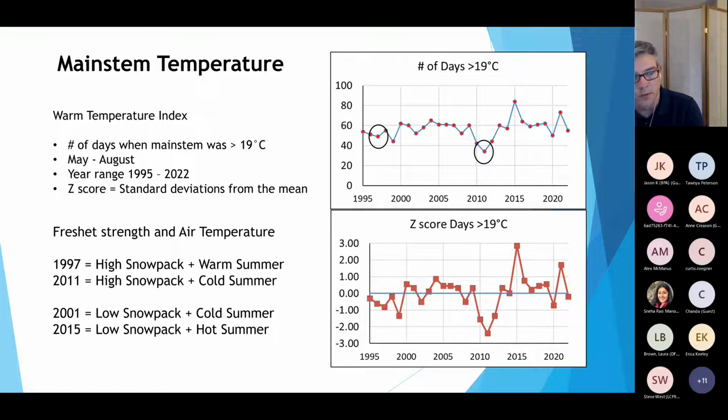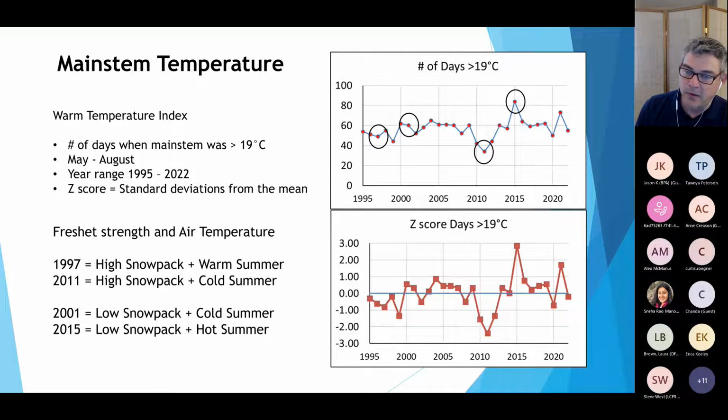We really stood out in 2011 as being one of the coolest of the main stem temperatures. And then in 2001 and 2015, we saw low snowpack and a cold summer. And then when conditions aligned, we had a low snowpack and a hot summer, leading to certainly the most warm days that we've seen.